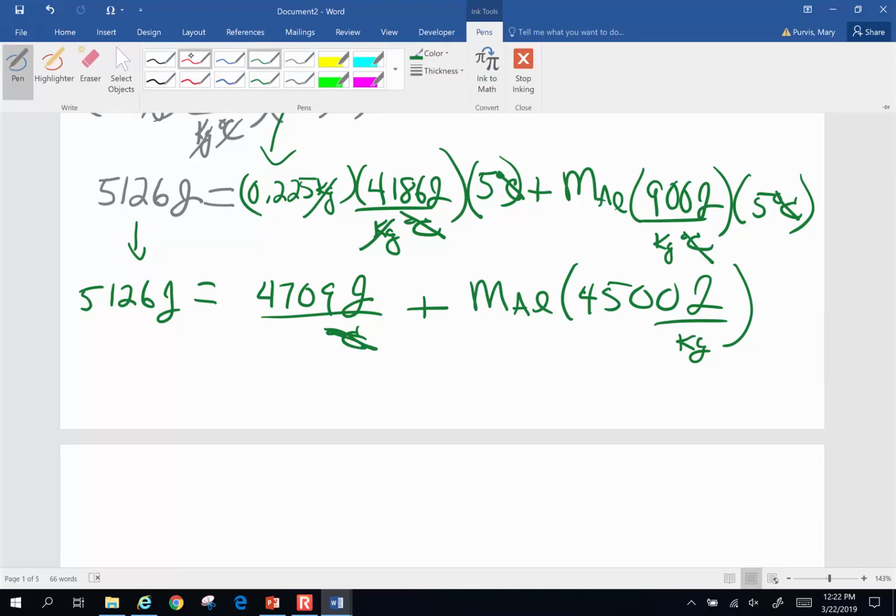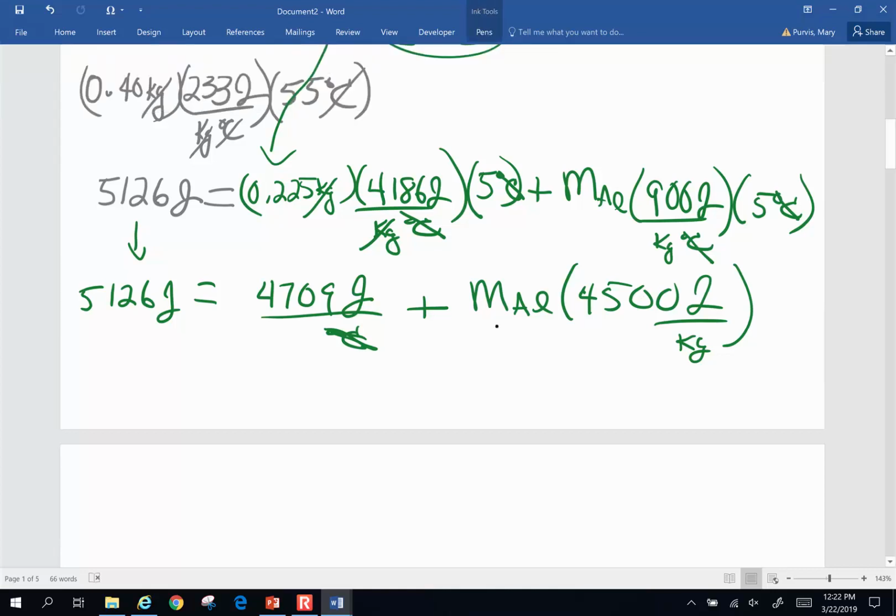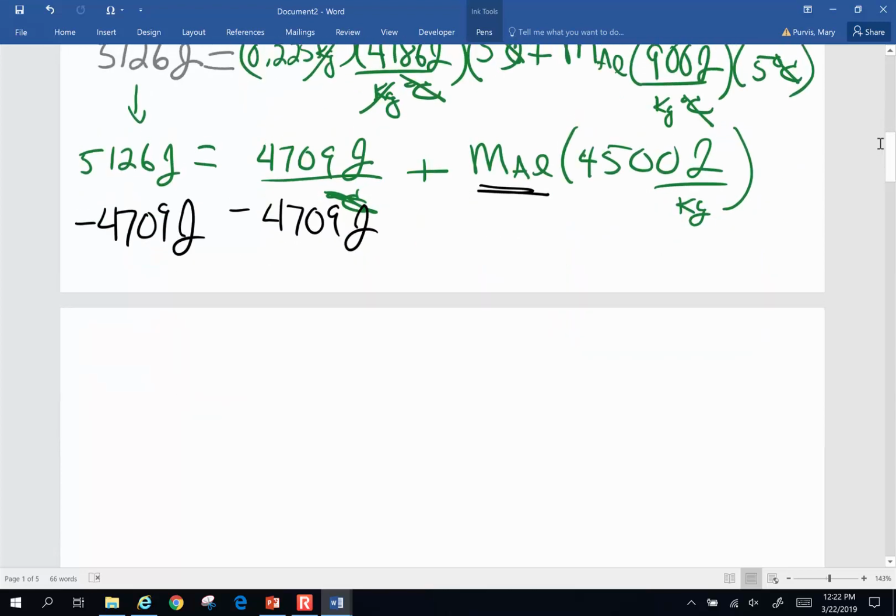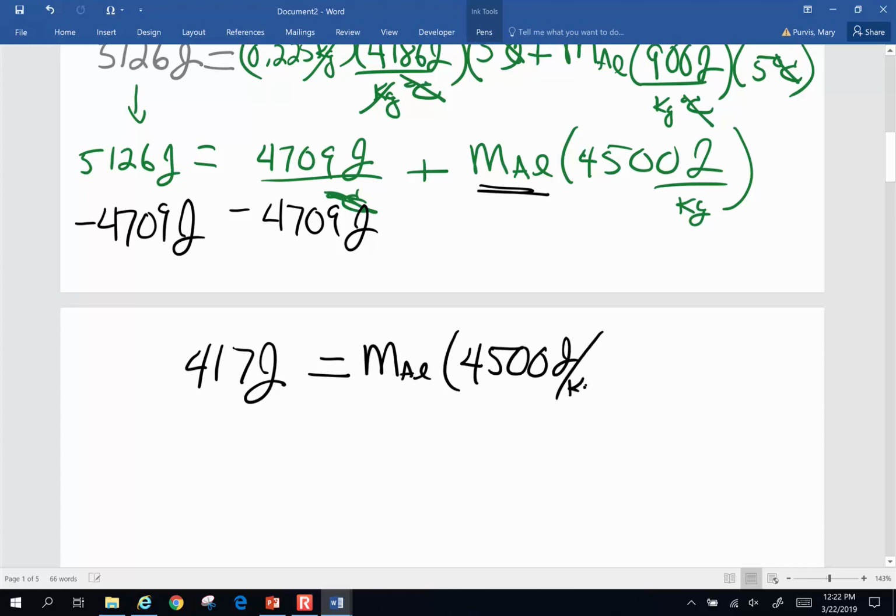Let's clean this up. Now, I want to solve for mass of aluminum, so what I'm going to do is subtract 4709 joules from both sides. When I do that, the left-hand side ends up being 417 joules, which is going to equal mass of the aluminum cup times 4,500 joules per kilogram.